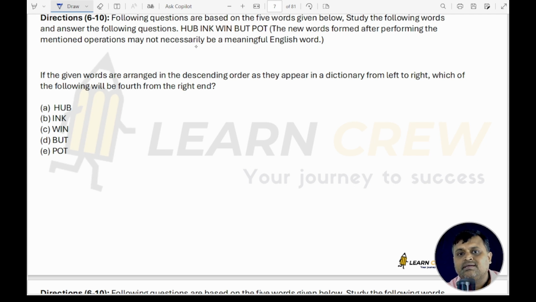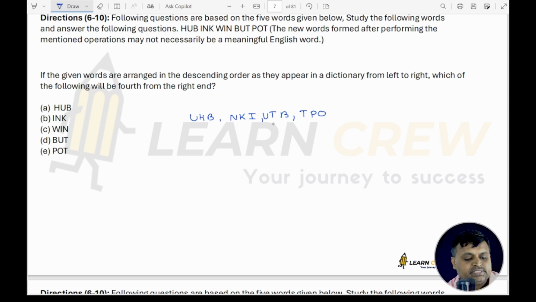So these are arranged in the descending order. So you will get UHB, then NKI, then you will get UTB, then you will get TPO.